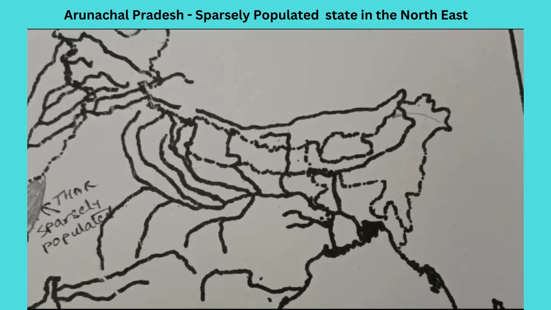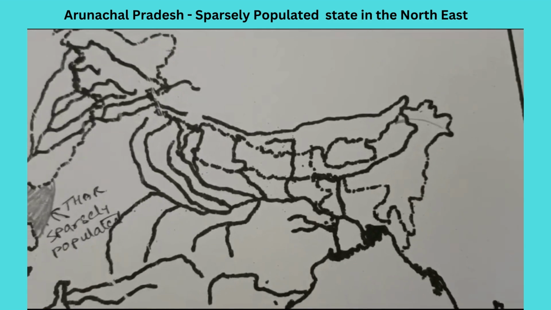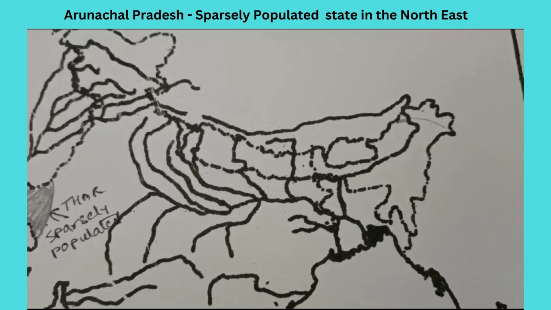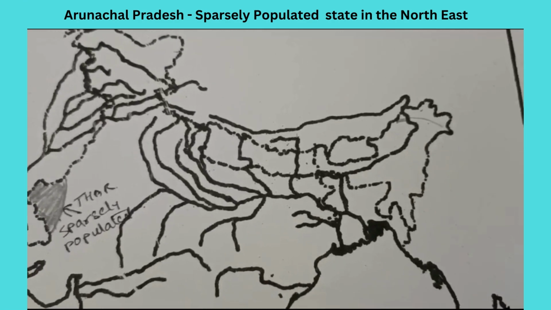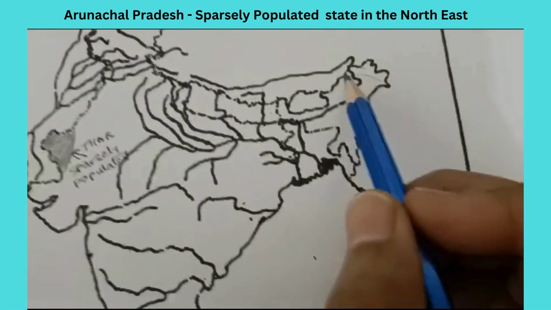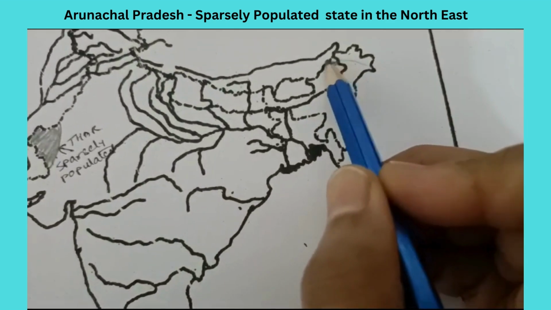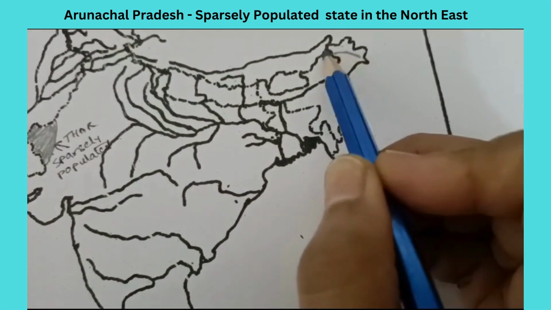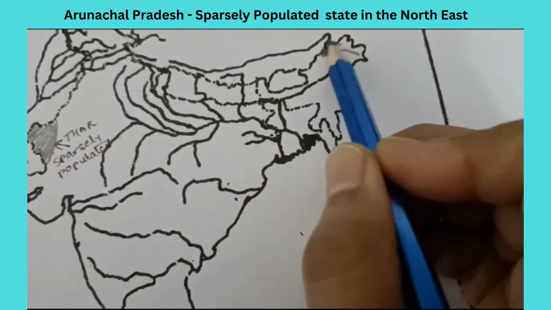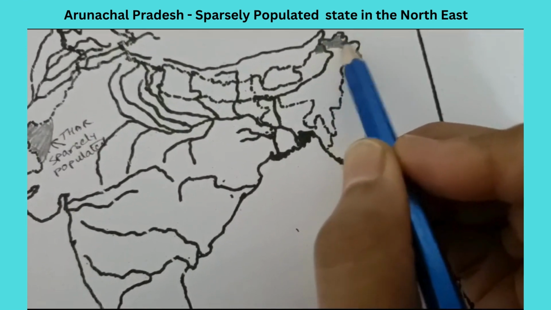The next sparsely populated region, we find it in the far east, that is Arunachal Pradesh. You can see this. Shade it from here. First draw the boundary and then shade it inside like this.